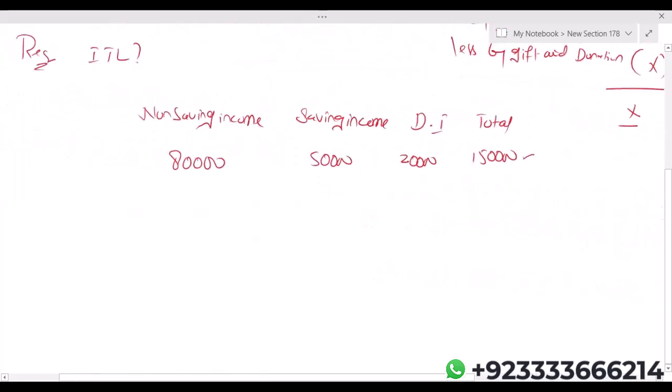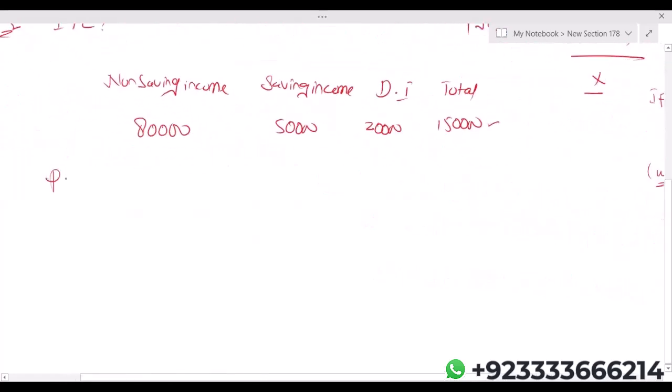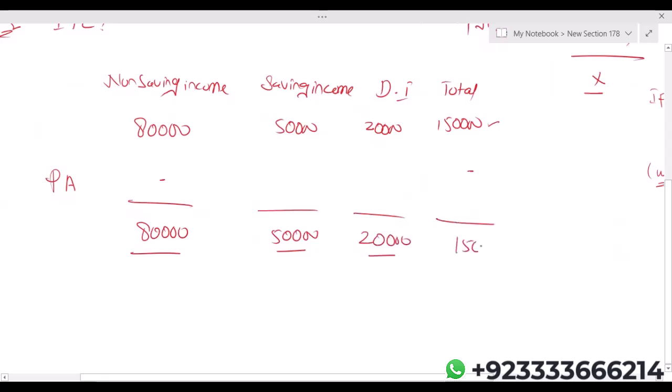So we are not getting any personal allowance, because adjusted net income is more than 1,25,140. This is your taxable income.